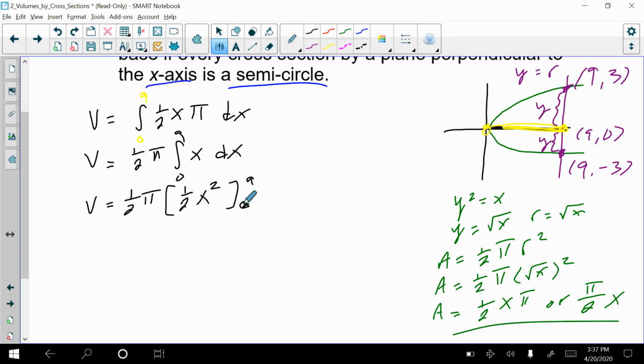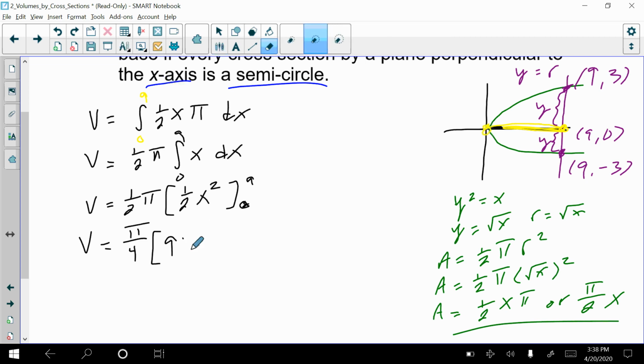0 to 9, that looked like a 2. And so here, now we can pull out the other 1/2 if you would like. Pull out the other 1/2, and that'll give us, let's simplify it and just say pi over 4 instead of 1/4 pi. And now we can substitute the 9 for the x. Oops, and that should be 9 squared minus 0 squared for the lower bound.